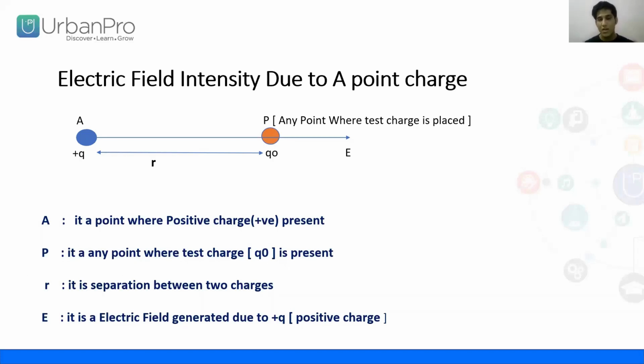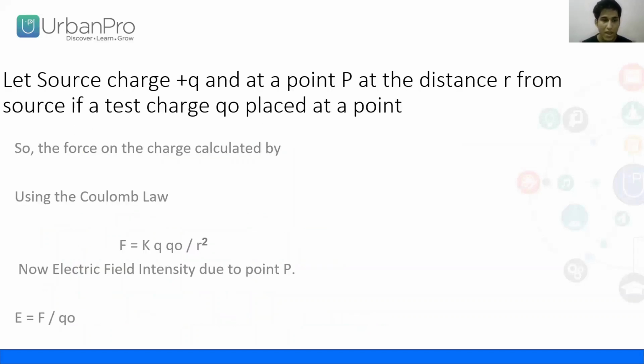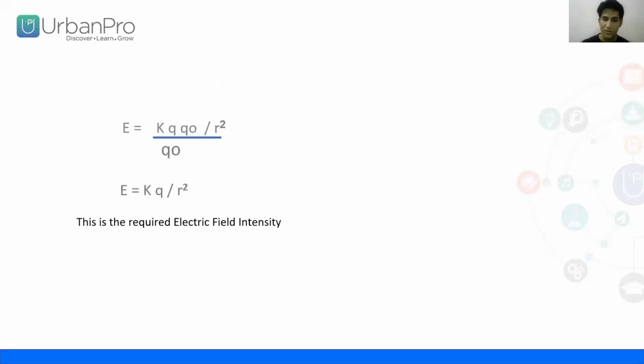Now, the electric field intensity is force per unit test charge, so put in the value of force. The final value is E equals K Q Q naught over r square. Once you cancel out the test charge Q naught, you get E equals K Q divided by r square. That's the proper electric field intensity that you will have.